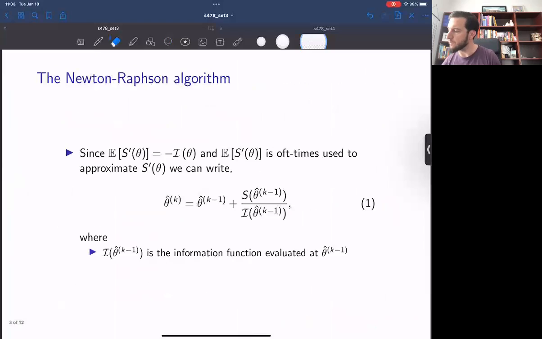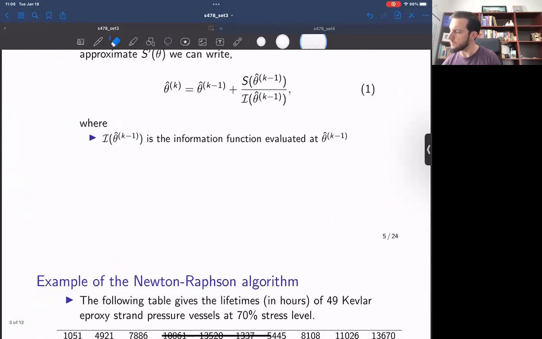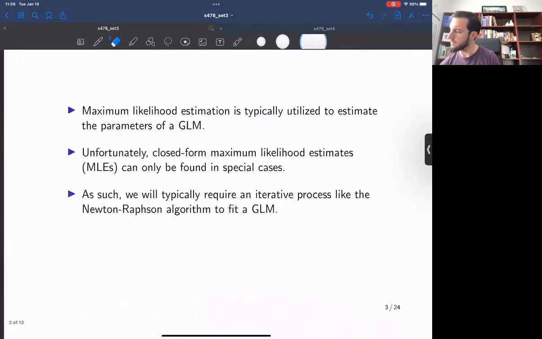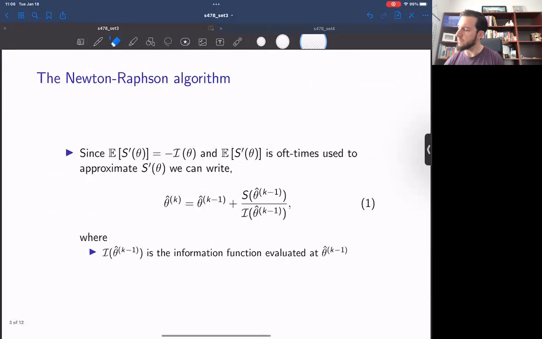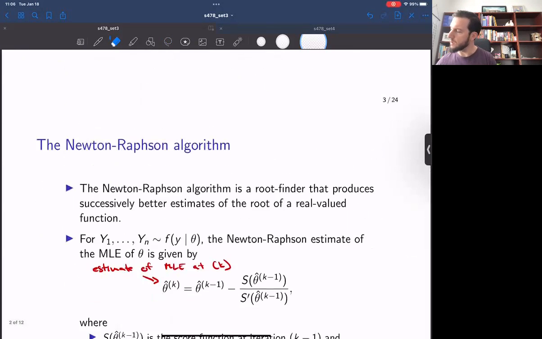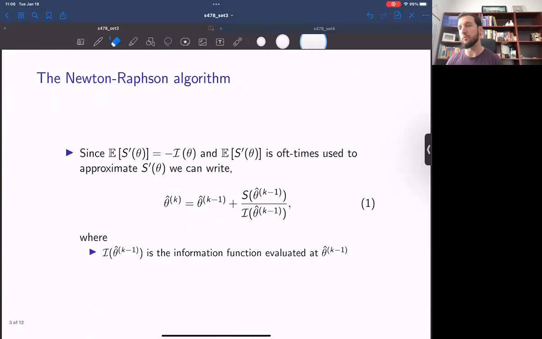Those exact formulas are given on slide 4. So here's the initial guess, theta at k minus 1, minus the score function divided by the derivative of the score function evaluated at that number. And here's the other representation, theta k minus 1 plus the score function over the information function. Okay, so we have these two different representations of the Newton-Raphson for finding our MLE.